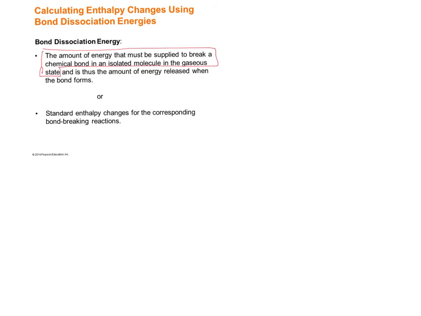For example, if I have a water molecule and the hydrogen and the oxygen want to break up, the amount of energy it would take to break that bond is the bond dissociation energy.